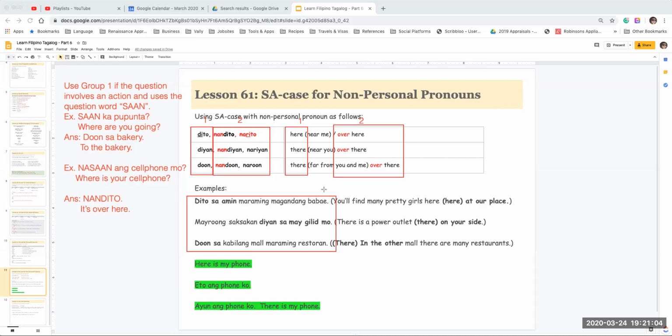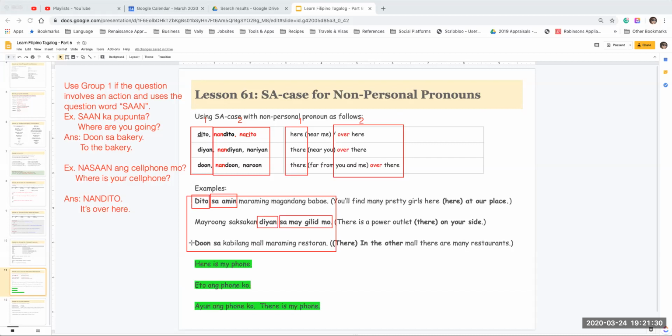If you notice here, I used two types of pronouns. I used a non-personal and I used a personal pronoun. Here I used a non-personal combined with a non-personal name, or a general noun, sa may gilid po.